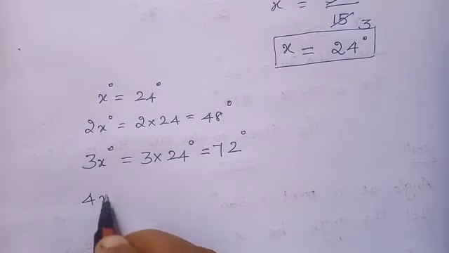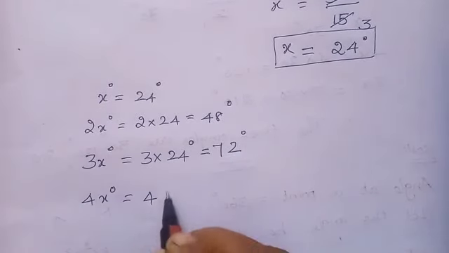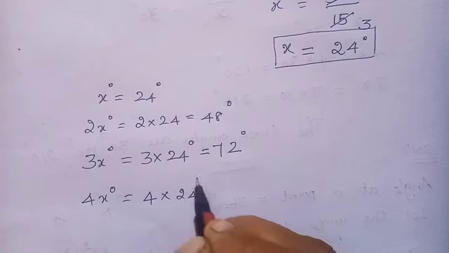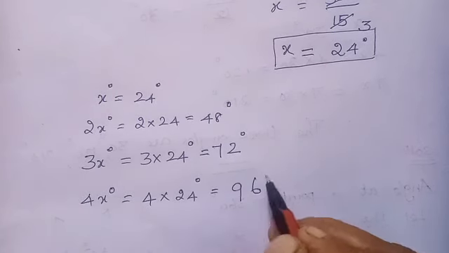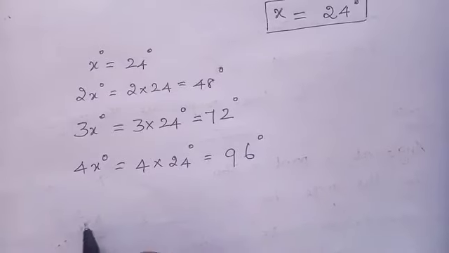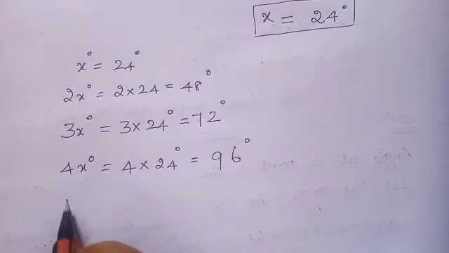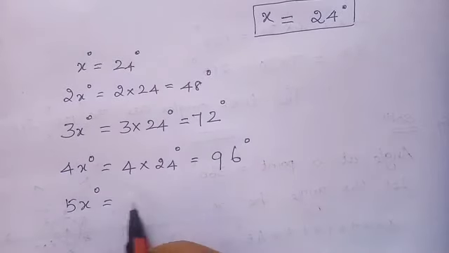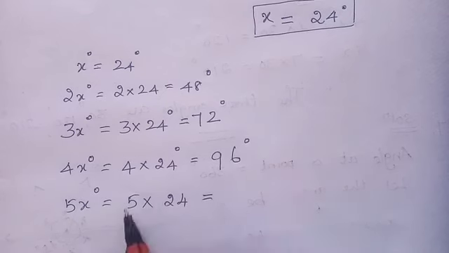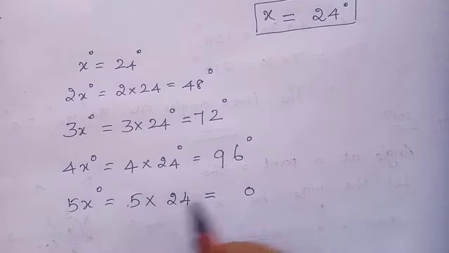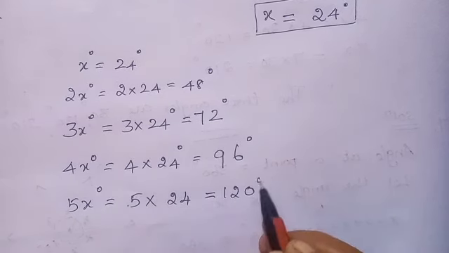Next, 4x degree equals 4 into 24 degree, equal to 4 4s are 16, 4 2s are 8, 1, 9, 96 degree. And the last one, 5x degree, equals 5 into 24, equal to 5 4s are 20, 10, 120 degree.